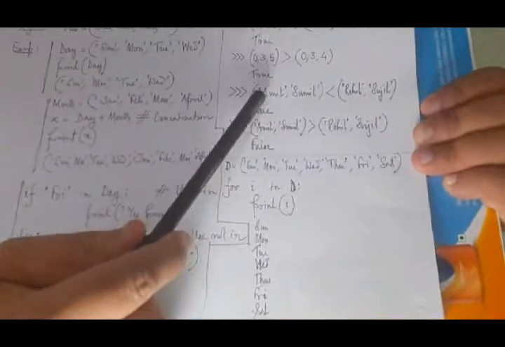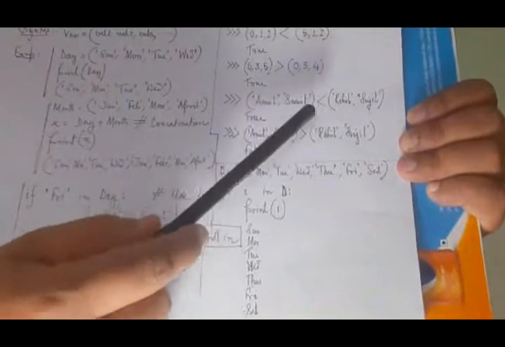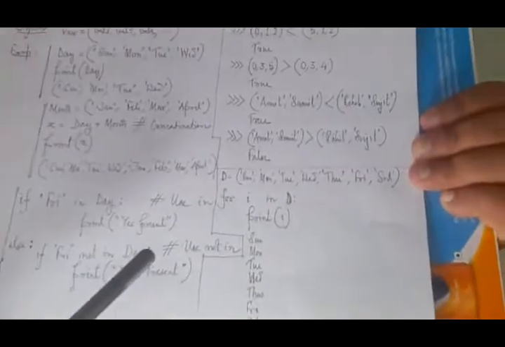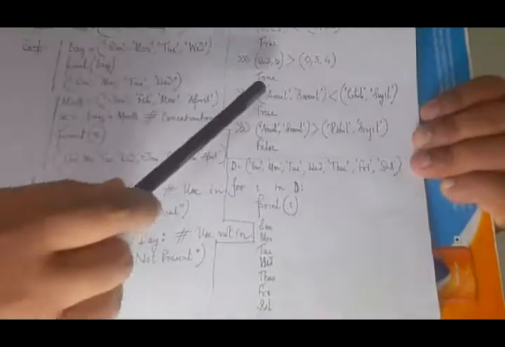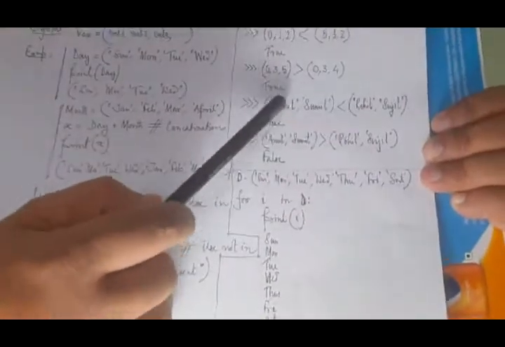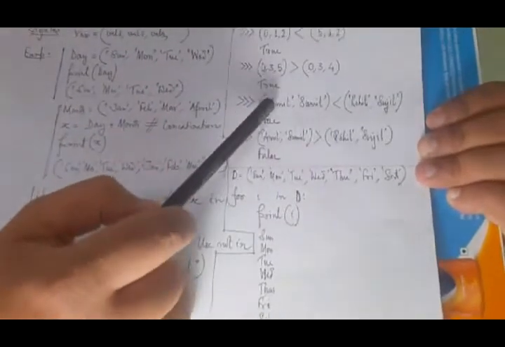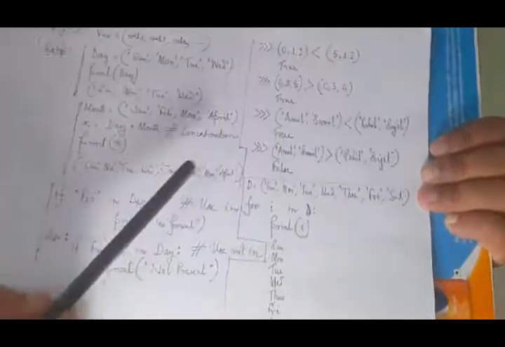Now the comparison of the text values. First tuple ('Amit', 'Sumit') less than ('Rohit', 'Sujit'). Now first to first will be compared, Amit and Rohit. So alphabetical comparison will take place. How? A and R. R comes far after A, the first character.